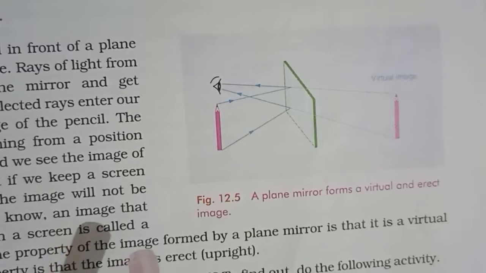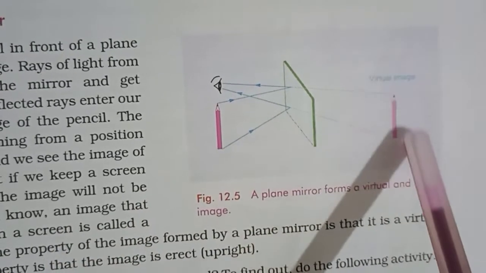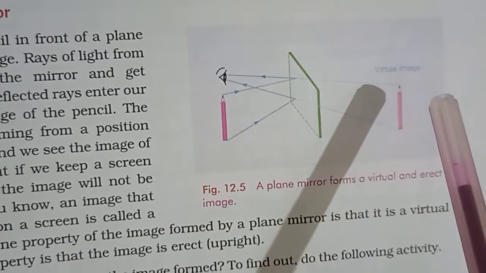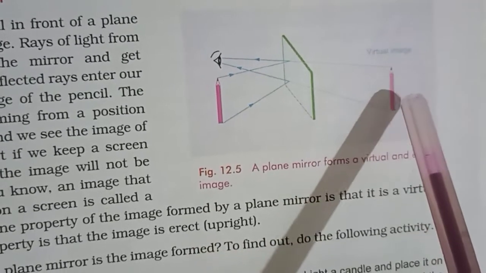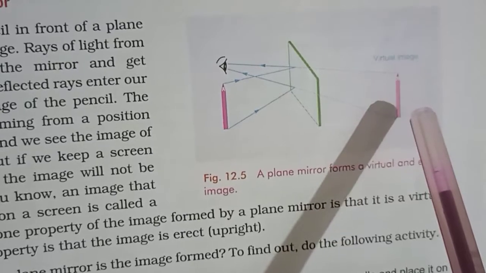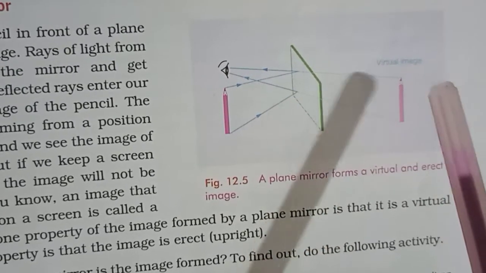But if we keep a screen behind the mirror, we will not be able to see any image on that screen. That means the image will not be formed on the screen.